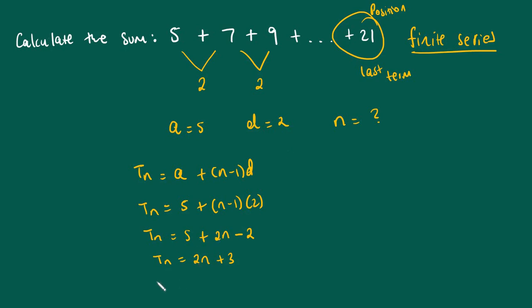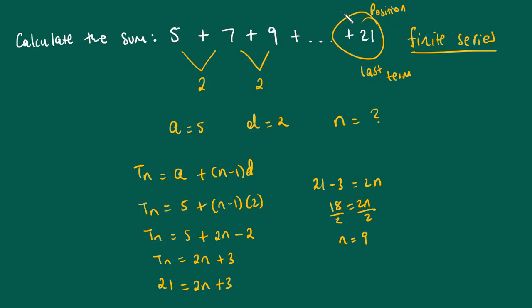So to get the position, like you said, substitute 21 here, because we know the term, but we don't know n, which is its position. So we say 21 minus 3 equals 2n, which would be 18 equals 2n, giving you that your n is equals to 9.